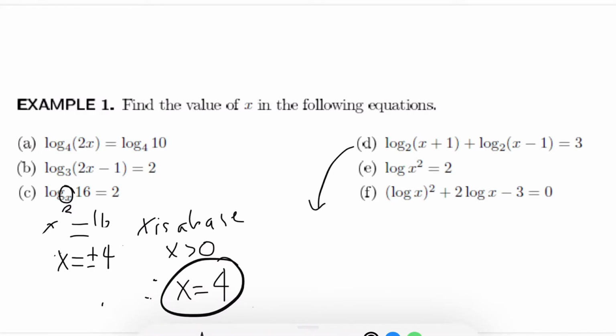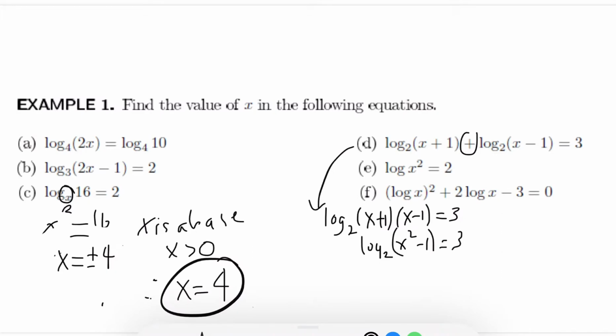Letter D. This is addition, so we can apply multiplication. x plus 1 times x minus 1 equals 3. If you multiply that, we have x squared minus 1. Then from here, we do the transformation.